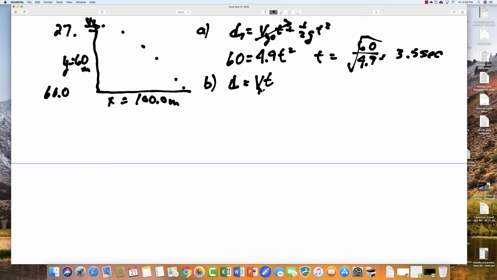So the average velocity is equal to the initial velocity. And so Vx is going to equal the distance, which in this case is 100, divided by 3.5 seconds, or 28.6 meters per second.